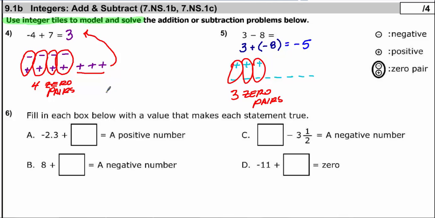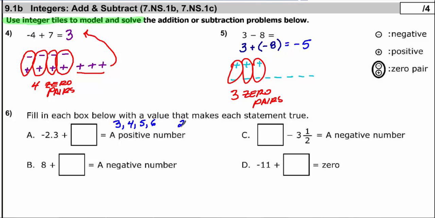On to 6. So you have 4 different sub-problems in number 6. You're supposed to find a value that makes them true. So here we have -2.3, and we're adding something to get a positive number. Well, we could add 3. That would give us a positive. We could add 4. We could add 5. We could add 6.